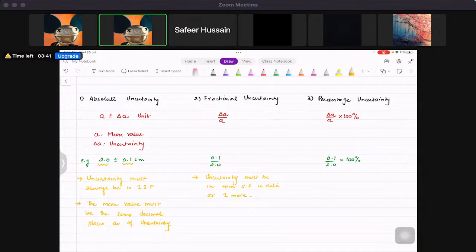Same goes for percentage. So uncertainty must be in minimum significant figure in data or one more. Is it clear?